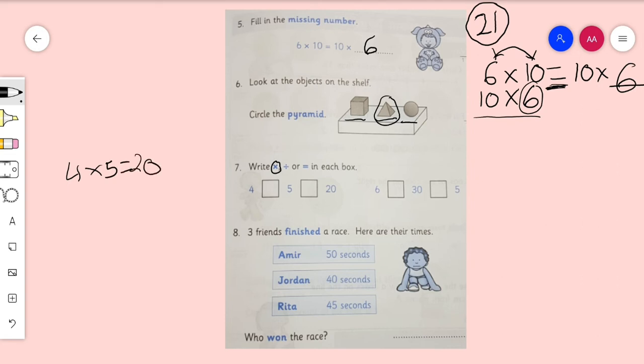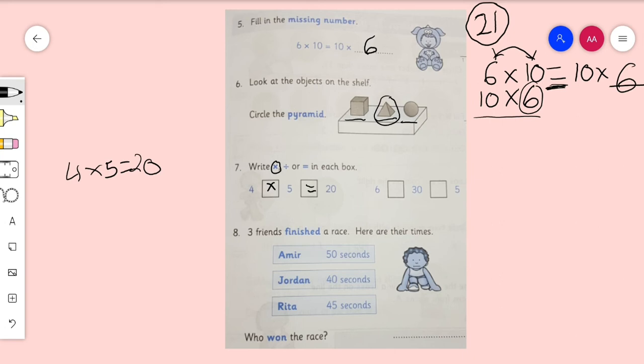If this equation is right, that means we can write times in there. 4 times 5 is 20, which means we can write times here. And it equals 20, so we need to write the equal sign here.